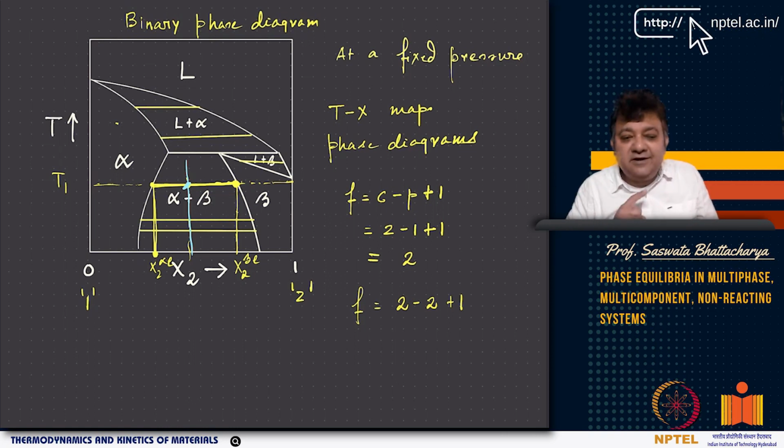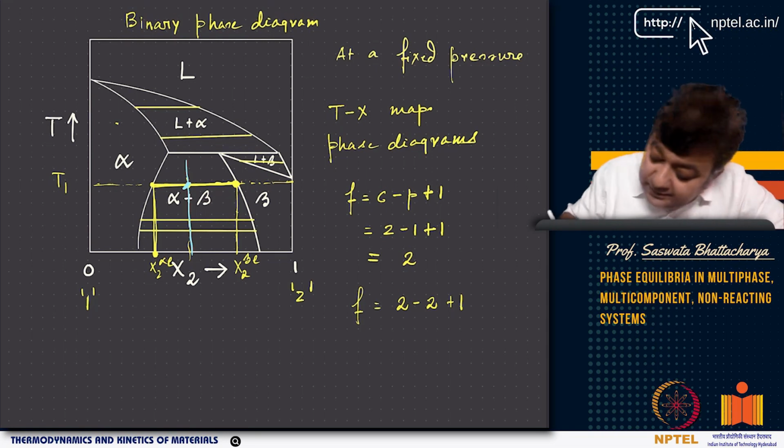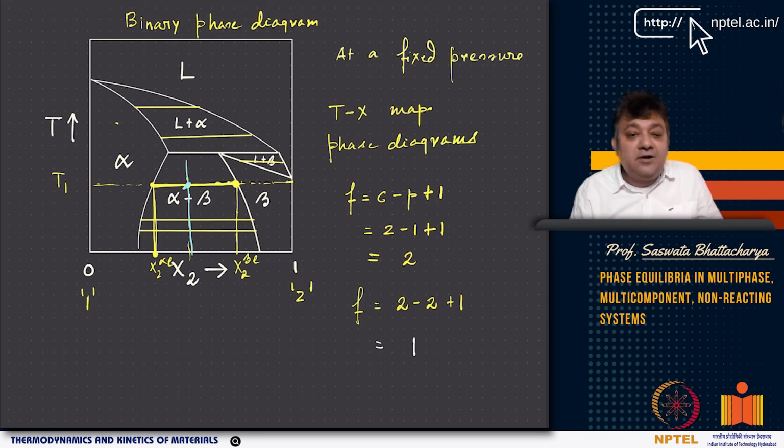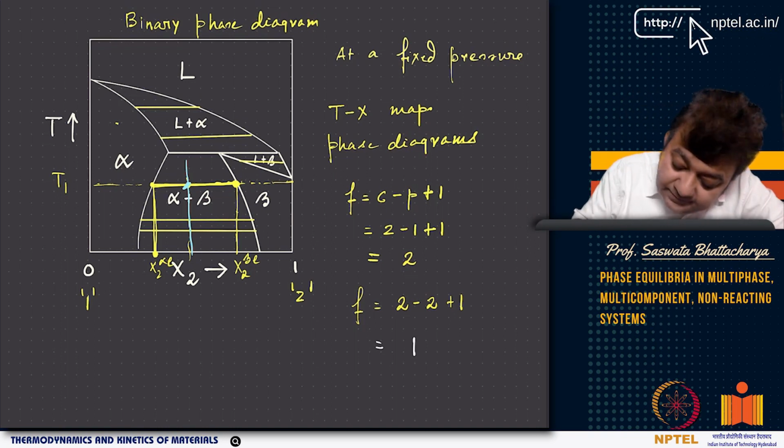But remember, whatever the composition within the two-phase region, the degrees of freedom is equal to 1. So that means if I fix temperature, I already know the equilibrium compositions of the alpha phase that is in equilibrium with the beta phase. This is read by these points.